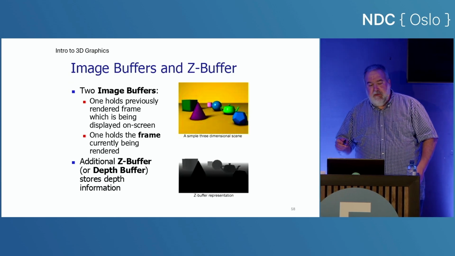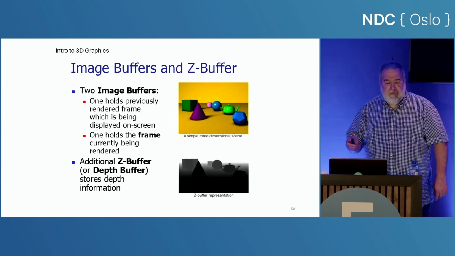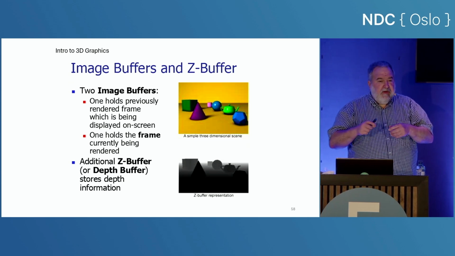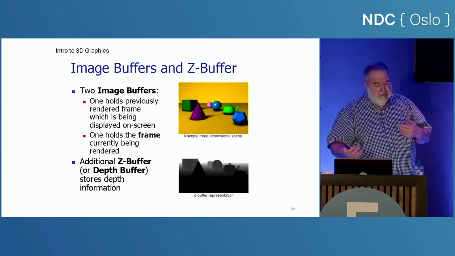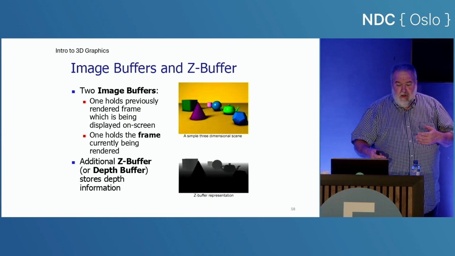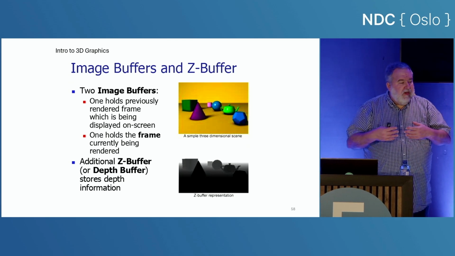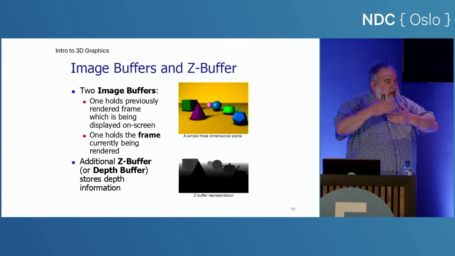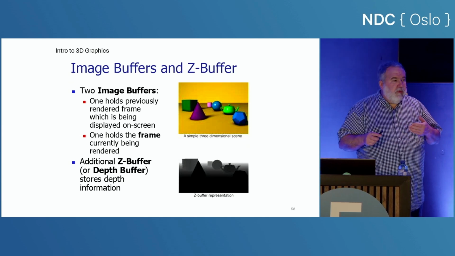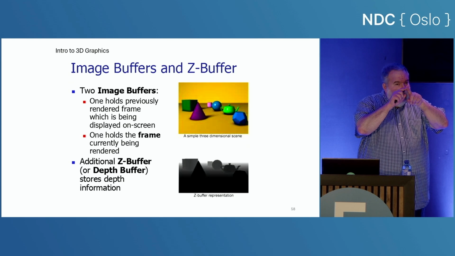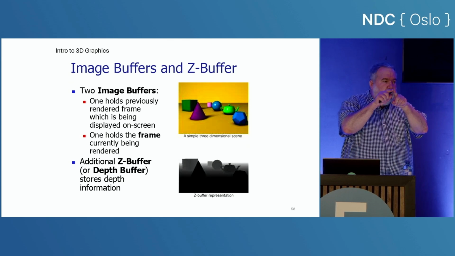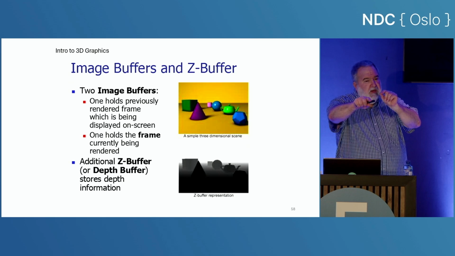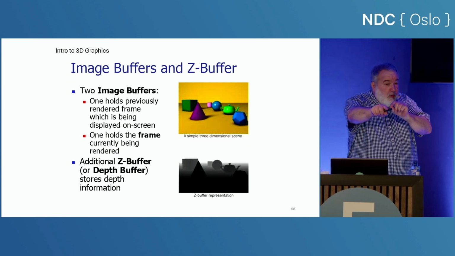Okay, so we have two different types of buffers. We have an image buffer that we actually paint the image into, and then we have a Z buffer that handles the depth, also called a depth buffer. It's considered more in grayscale because it's just a measurement of how close it is to us. As we're going through rasterizing, we're going to take every point that we're looking at and say, how far away is that point from me? Is what I've already painted on the screen further away or closer?